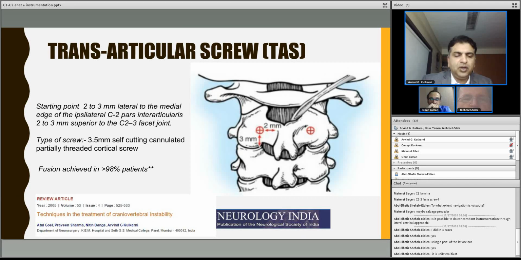The screw that we usually use is a 3.5 mm self-cutting, cannulated, partially threaded cortical screw. The reason we use a partially threaded screw is that we want the lag effect. We want the distal part of the screw to be threaded so that when the screw is passed into the C1 lateral mass, it pulls the C1 lateral mass towards C2 and gets a good purchase.